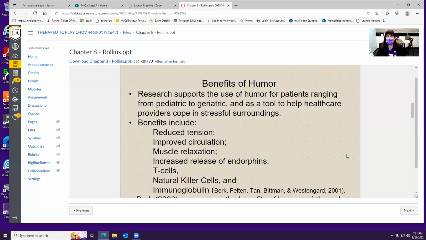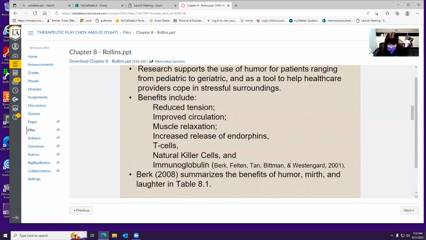Yes, you can laugh yourself skinny. You can have good, long sustained belly laughter, at least 20 minutes, and laugh. And I swear you won't have to go to the gym. You're going to release those feel-good hormones, and it'll increase your T cells, which means that you're fighting infection. They're natural killer cells, these endorphins.